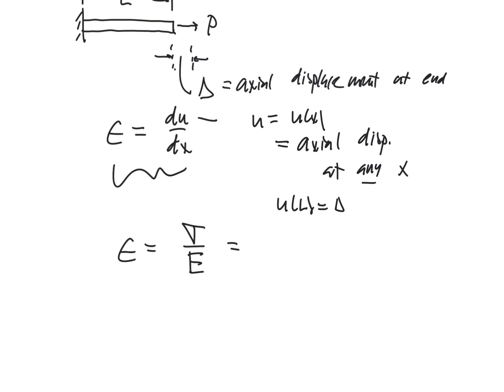But then we also know that sigma is P over A. So we have P over A, and then the E was sitting there originally. So notice what happens. That means that strain at any point in the bar is the axial force divided by the area divided by the modulus of elasticity. So that can either be uniform or it can vary with x.